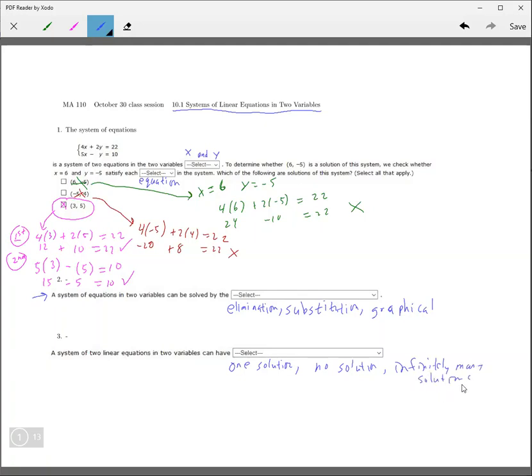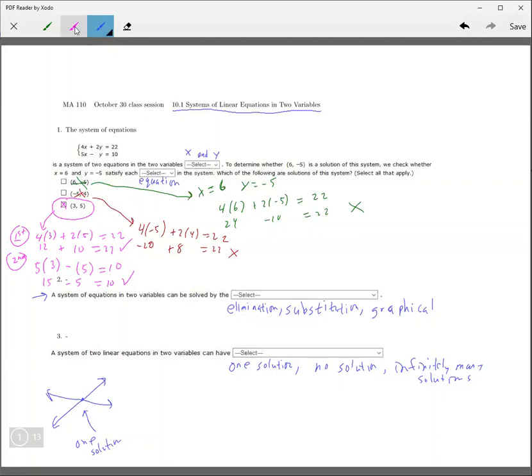Okay, let me explain this a little bit. One solution would be where you have two systems of linear equations. These are both the graphs of lines. And if the lines intersect, that's going to be a solution. So if you have 2 lines that intersect like that, then that's going to be one solution, and it's going to be where the 2 lines intersect.